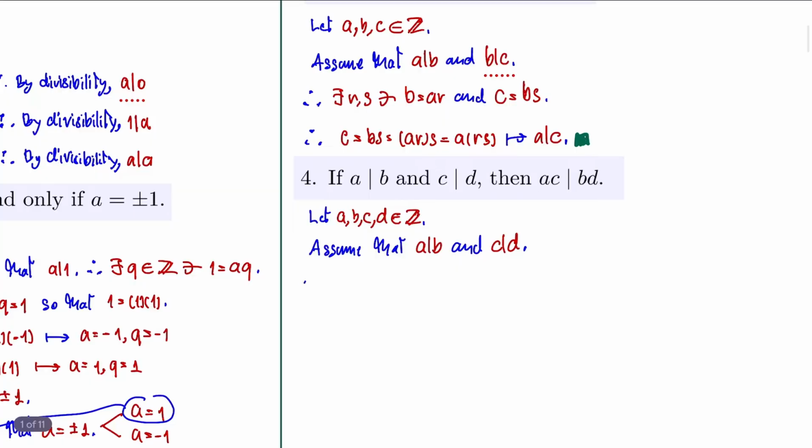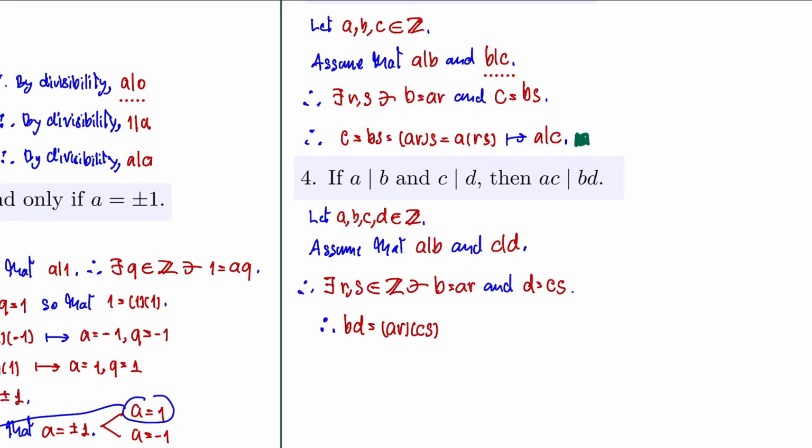Again, by divisibility, we have integers r and s such that b equals a r and d equals c s. Then what do we have? We want to show that a c divides b d. So let me write b d. Our b is a r, d is c s. So we substitute, a r times c s.